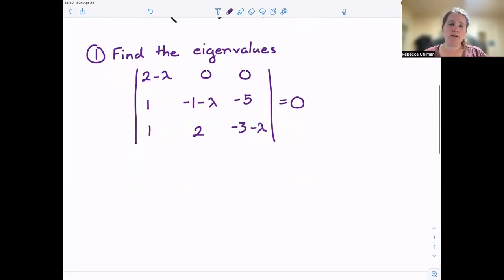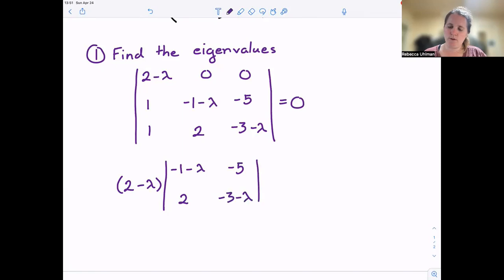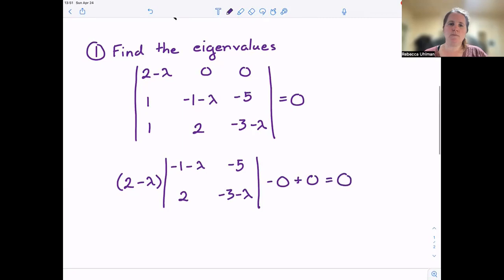Again, our first row has only one non-zero entry. So this determinant is simply 2 minus lambda times the subdeterminant -1 minus lambda, -5, and then 2, -3 minus lambda for our second row. The other two entries in that first row were 0, so we would just have a -0 times the subdeterminant and a +0 times the subdeterminant equaling 0.